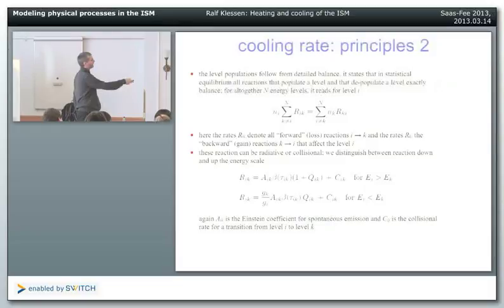And then I ask, if I start from level K, what is my probability to reach a level I? So here you sum over nk times rka. So these are the forward, the loss reactions, and these are the backward, the gain reactions. Oh, this should be K. K, oh, no, that's right.